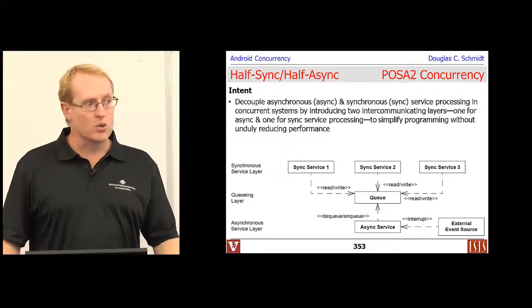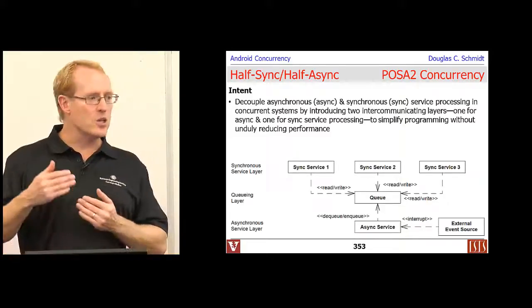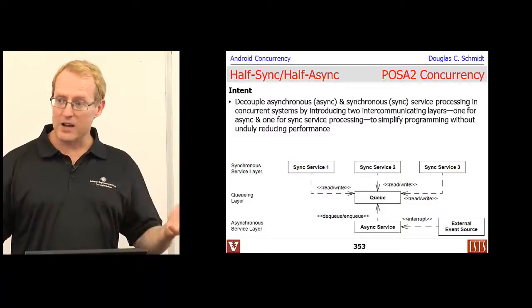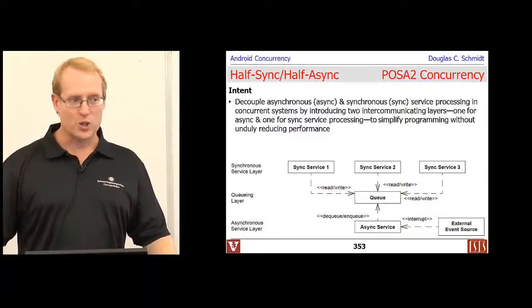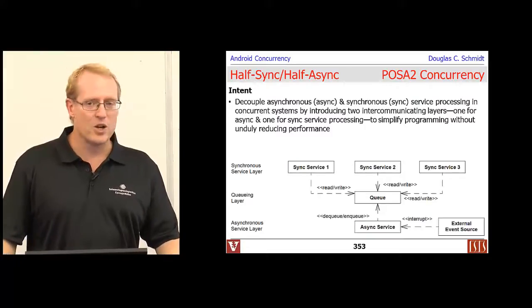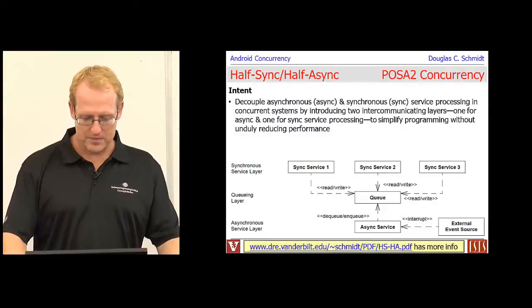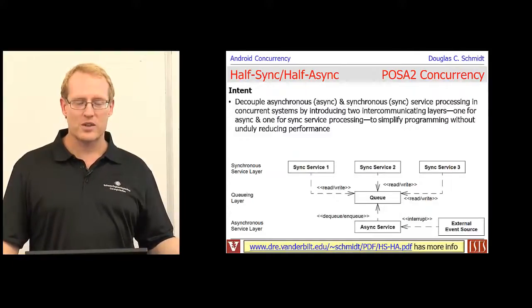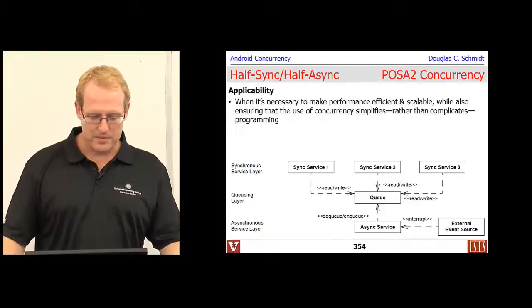We're going to spawn a pool of threads and then use a queue to mediate access to that pool of threads. So that's how the pattern works. We'll talk shortly about lots of different known uses of this pattern as it's applied to lots of things, including Android. If you take a look here, this is in the POSA2 book. It's also in this paper that you can get at my website.